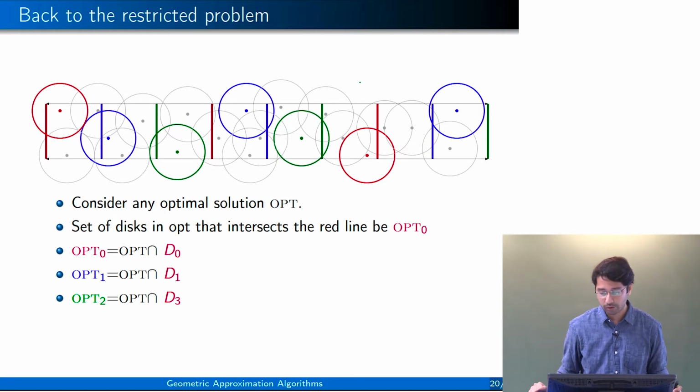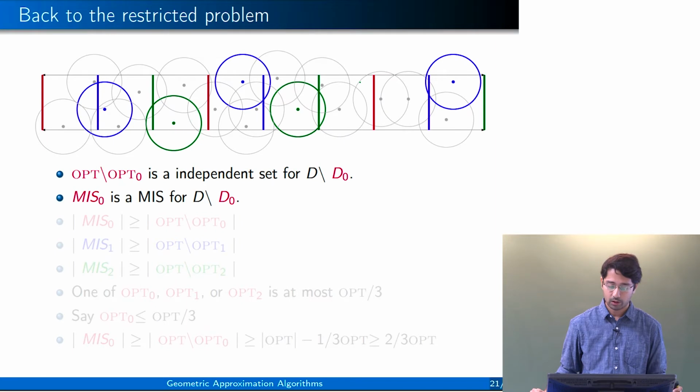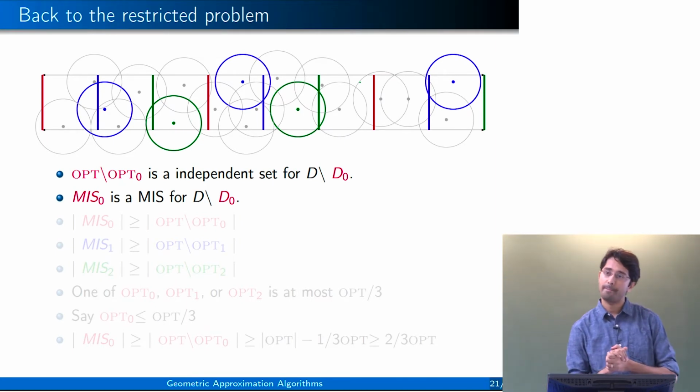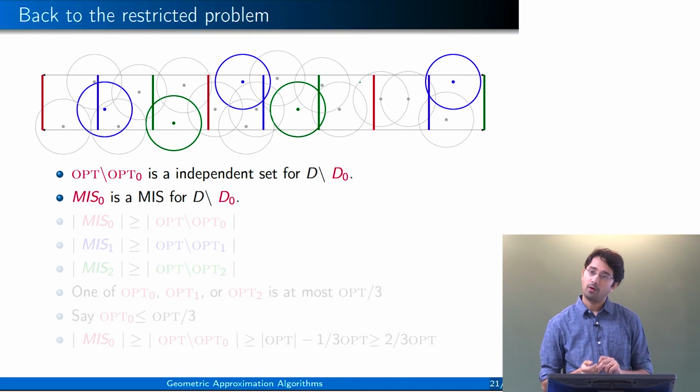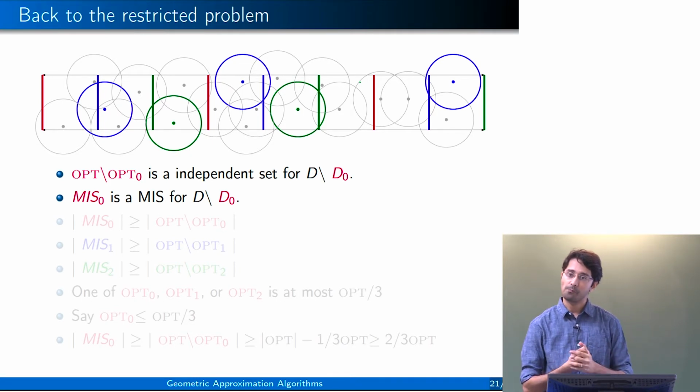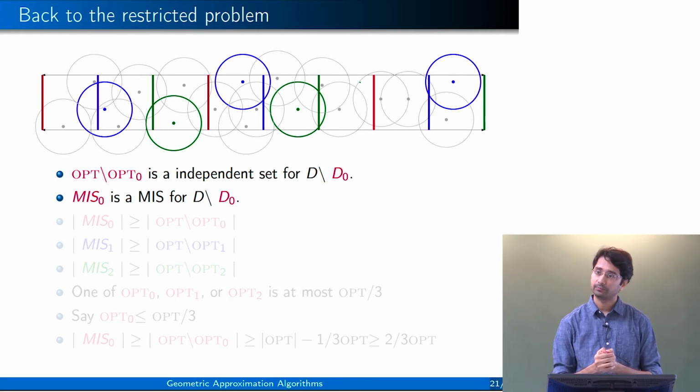If you understood till now, can you let me know what is opt minus opt 0? Opt is a set of disks. I have deleted from them the disks which intersect the red lines. What remains is, what is that?